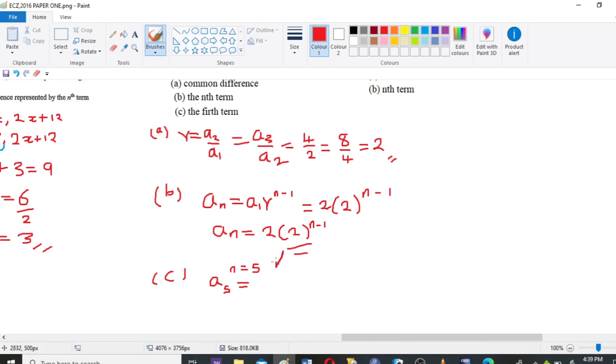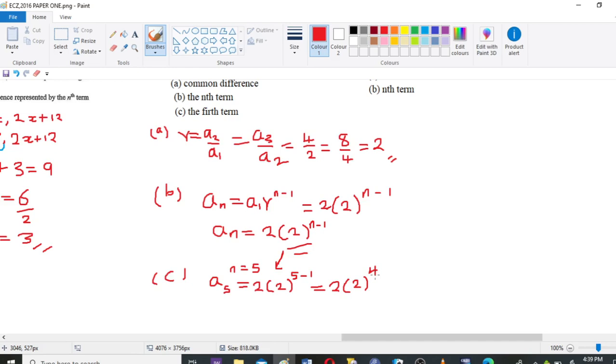We have 2 as our a_1, we have r equal to 2. Now this is raised to the power n minus 1, so our n is 5 minus 1. Now what do we get here? We are getting 2 open bracket 2 to the power 4.